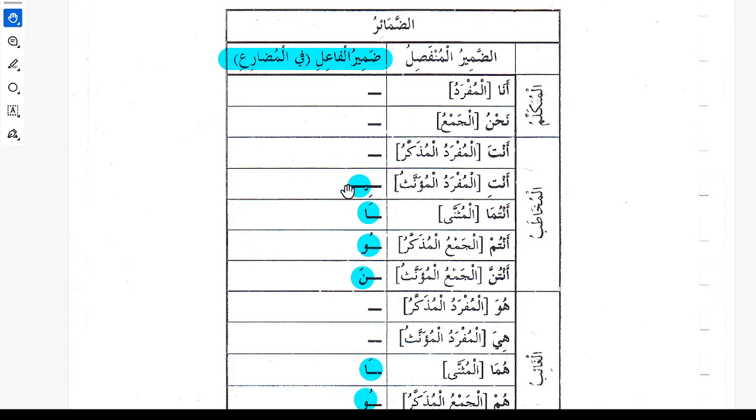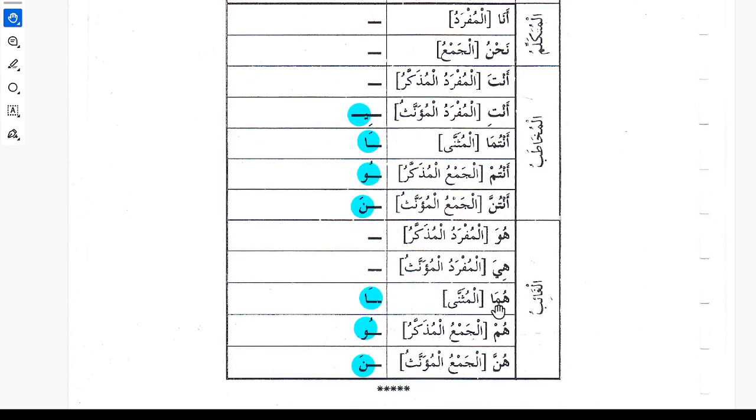For anti is ya, antuma is alif, antum is waw, antunna is noon. For huma is alif, hum waw, hunna noon. So waw can be antum or hum, alif can be huma or antuma, and noon can be with hunna or antunna.